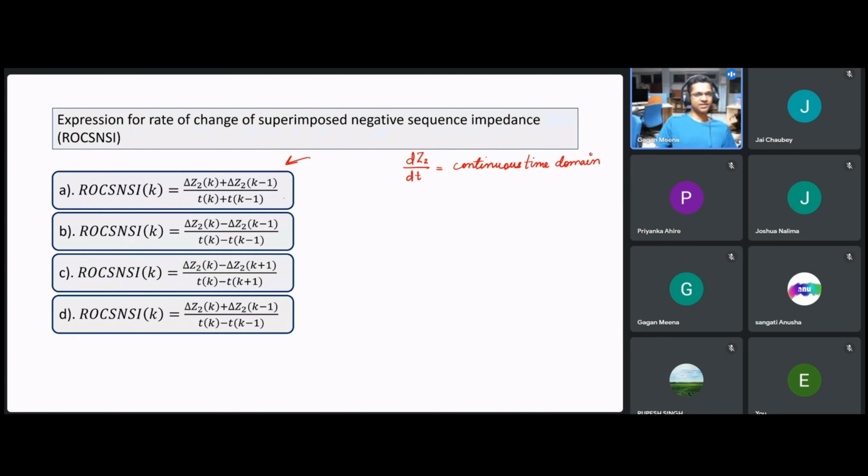What you see here, which domain is it? Is it time domain?